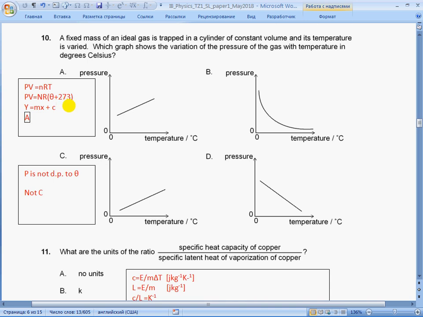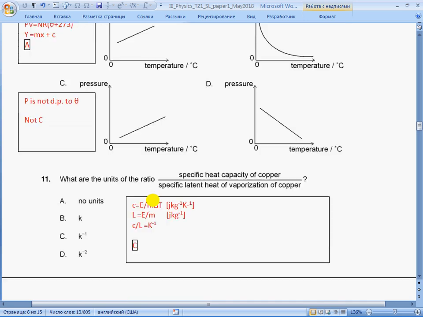So we have an intercept. So we should have a graph in the form y equals mx plus c. So this is graph A. It is not graph C because pressure is not directly proportional to Celsius temperature, and the graph is not a straight line passing through the origin.